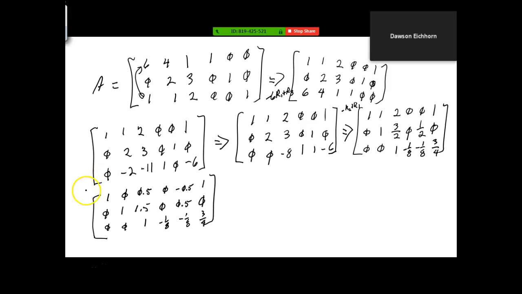So negative 1/2 of row 3 and add it to row 1. Okay, so row 3 is going to stay the same. 0, 0, 1. Now, do you rather leave them in fractions or decimals? I don't care.